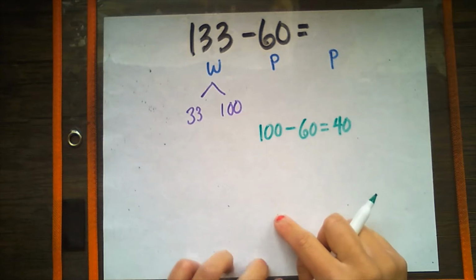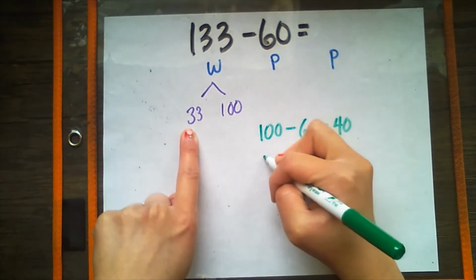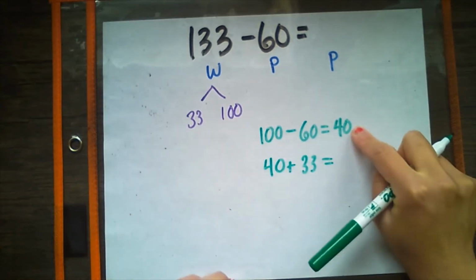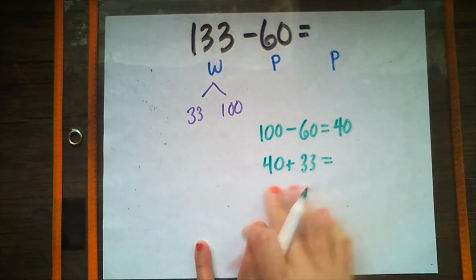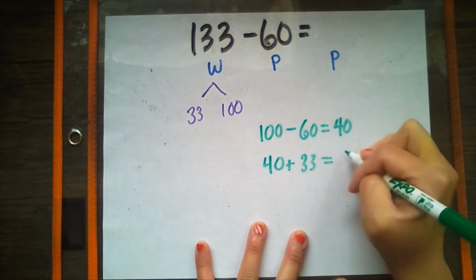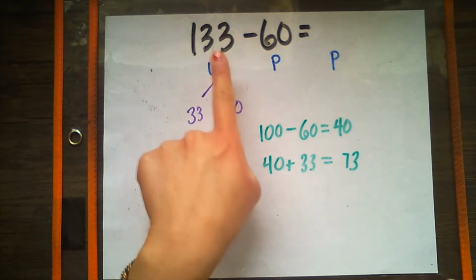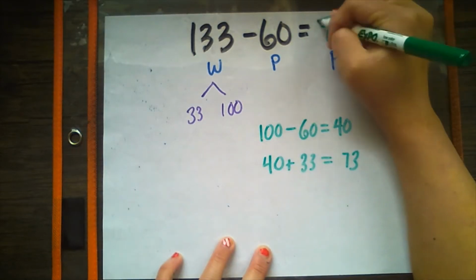Let's go ahead and keep going. I still have 33 ones there left, so let's go ahead and add 40 and 33 together because we have that part there and then we have that part there that we still need to work with. 40 plus 33 equals 73. Therefore, 133 minus 60 equals 73.